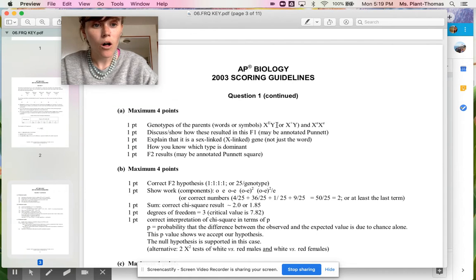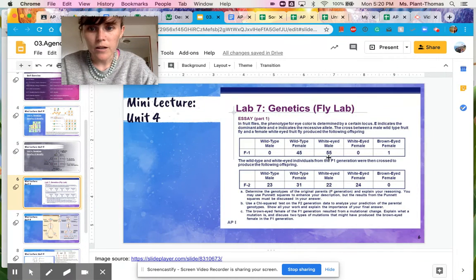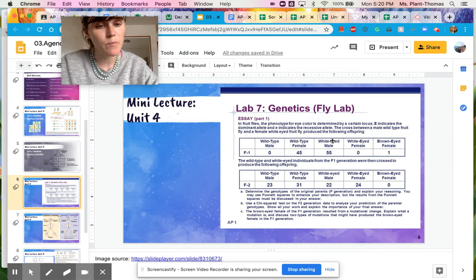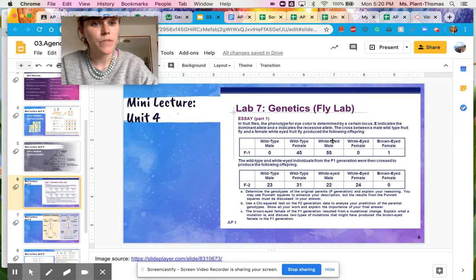This means that all of the females are going to be wild type, whereas all of the males are going to be getting the recessive trait from their mom, because they're going to have the recessive trait and the Y. So again, all of the females are going to be wild type because they're getting that from their dad, whereas all of the males are going to be white-eyed because they are getting that trait from their mom along with the Y from their dad. So that answers part A.